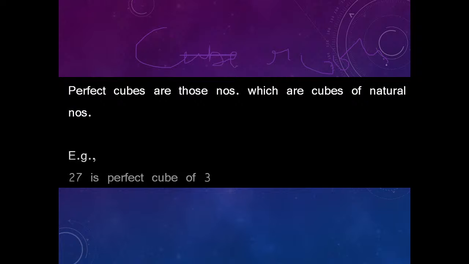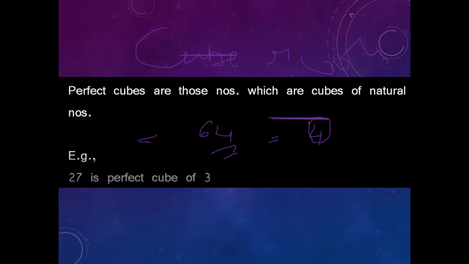Perfect cubes are those numbers which are the cubes of natural numbers. For example, 64: we can say that 64 is the perfect cube of 4.